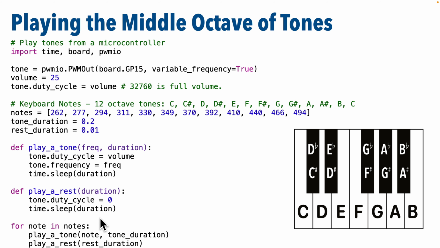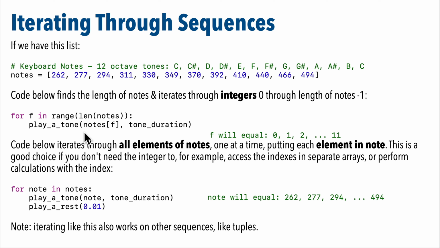So what gives? Well, this is the code that we've seen before. We see the range as the length of a list. In this case, it's the length of notes, or len of notes. That number is 12 in this case, so we would go through the numbers 0 up to, but not reaching, 12, so we'll stop at 11. And this code works. Now the code down here iterates through a sequence, which in our case is a list, and that list is called notes.